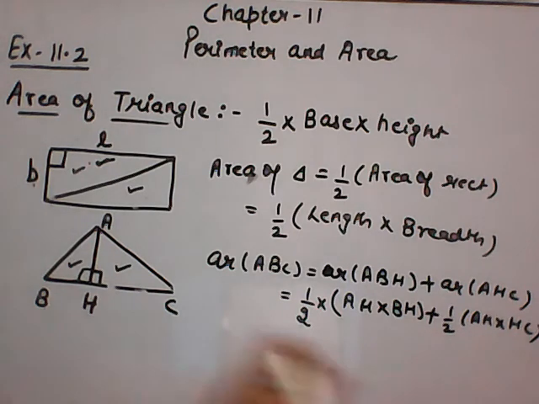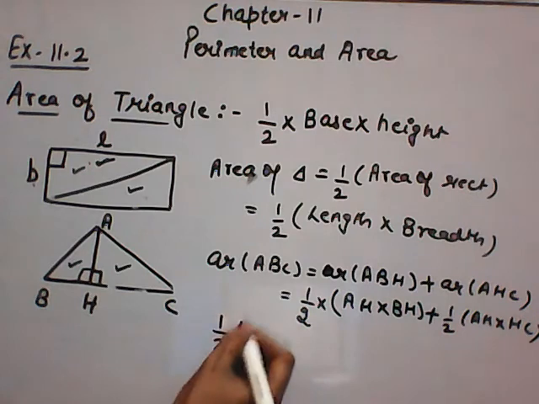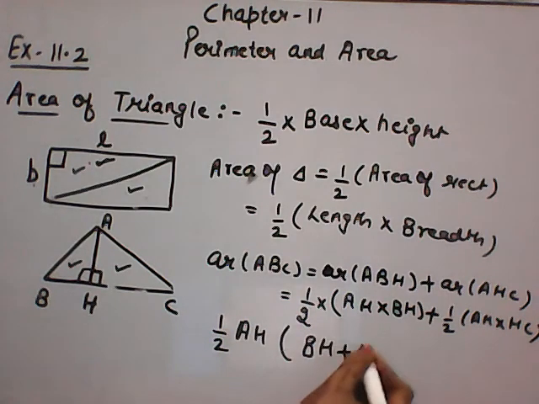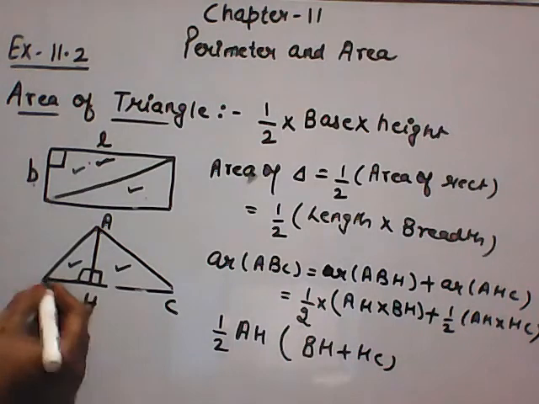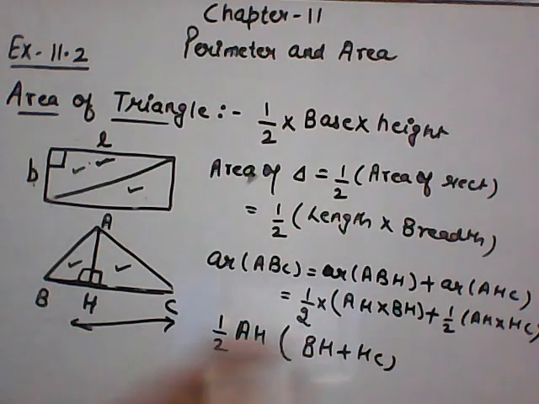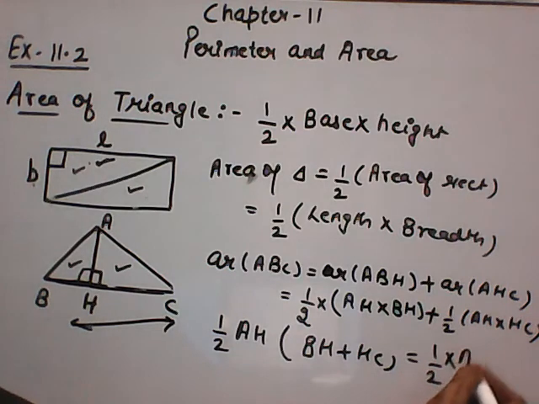Here one half of AH is taken out as common. We are left with BH plus HC. Here BH plus HC is the total side BC. So we can write it as 1 by 2 into AH into BC.